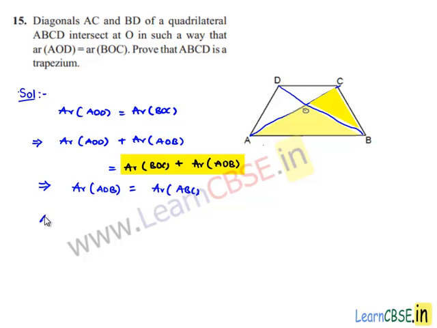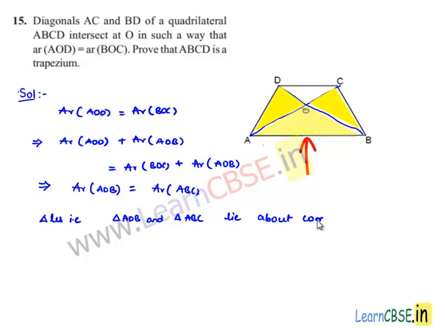Now, triangle ADB and triangle ABC lie on the common base AB, and we know that areas of triangles with the common base are equal if they lie between the same parallels.